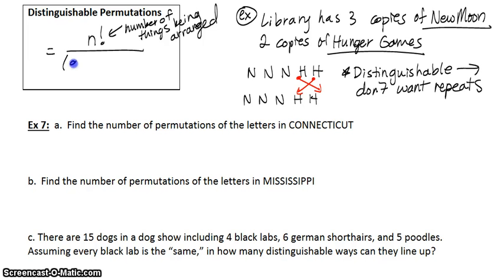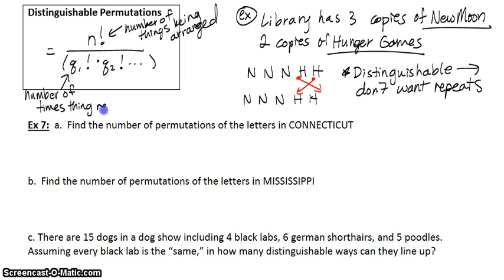So I'm going to call this Q1 factorial, Q2 factorial, and so on. And this is a little confusing, so please make sure that you ask me tomorrow to talk about this more if needed. I'm going to run out of time here, so I might need to anyways. And Q is the number of times that that thing is repeated.